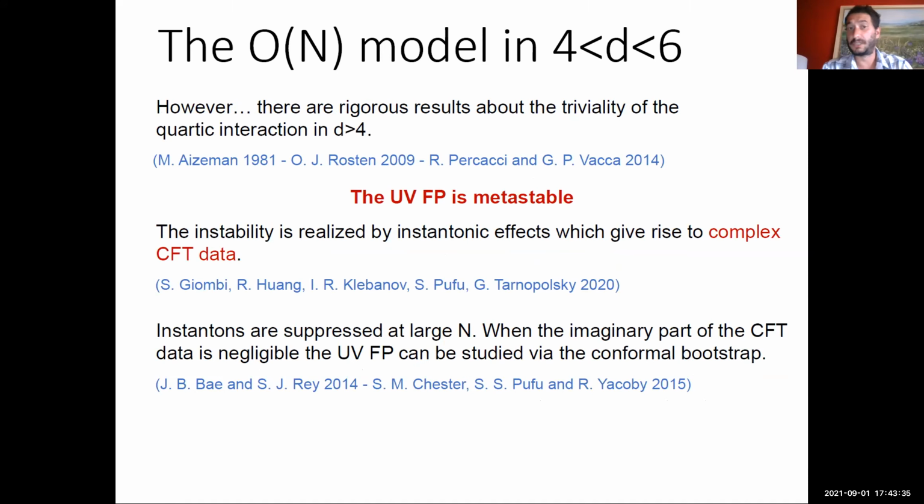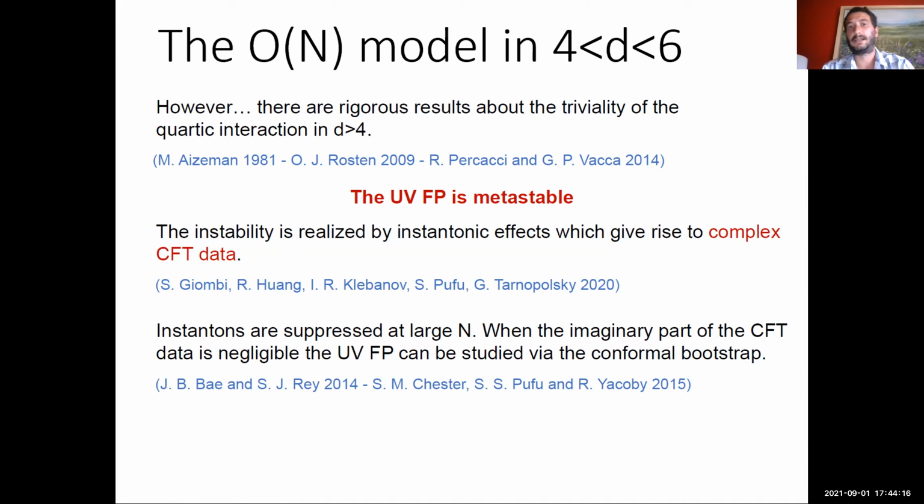The solution to this small puzzle is that this ultraviolet fixed point is unstable, actually metastable, with the instability decreasing as we enlarge the value of N. This has been analyzed in the paper shown in the slide, where they point out that this instability is realized by instantonic effects, which give an imaginary part to the CFT data of the O(N) theory between 4 and 6 dimensions.